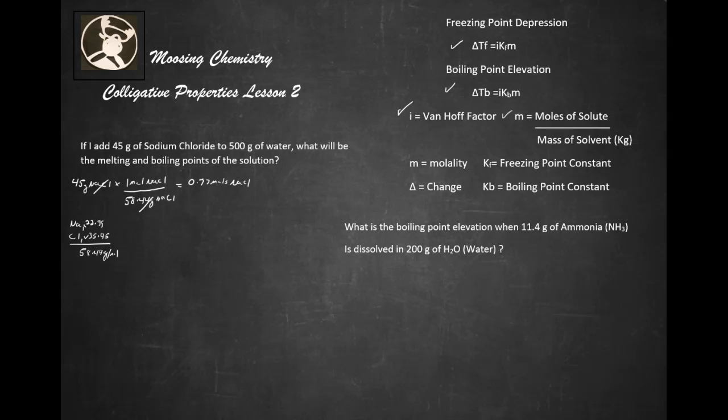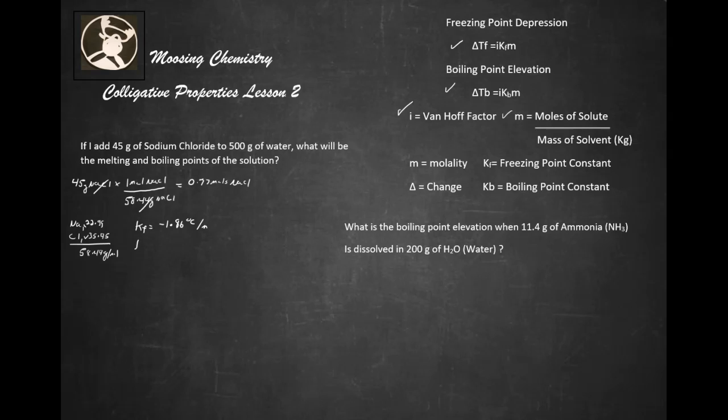All right, now we have our moles. So the next thing we have to think about is using our constants here. For the freezing point of water, the constant Kf is going to be negative 1.86 degrees C over m, and that's a constant.